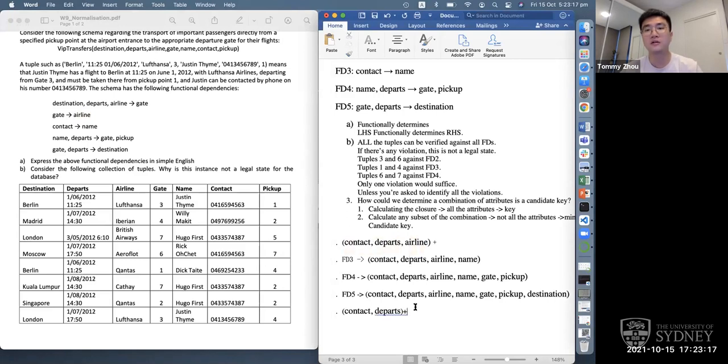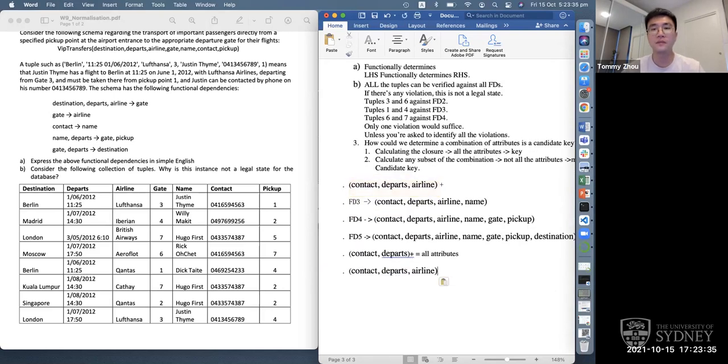So the closure of these two also equals all attributes. So this verifies that the original combination is a super key, not a candidate key.